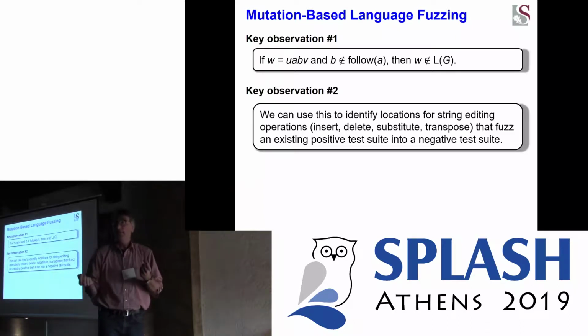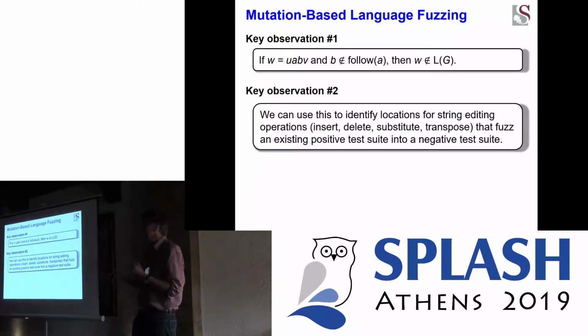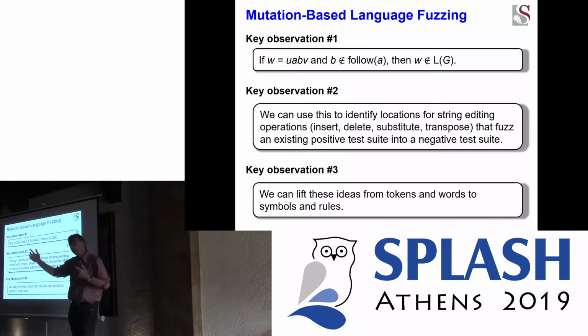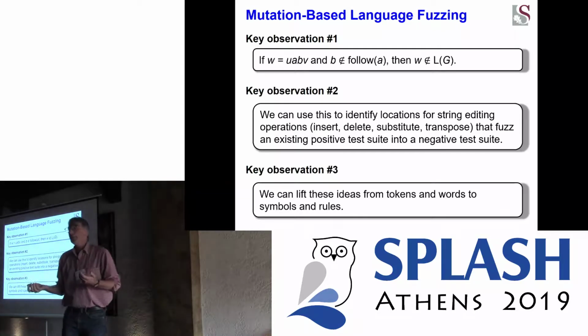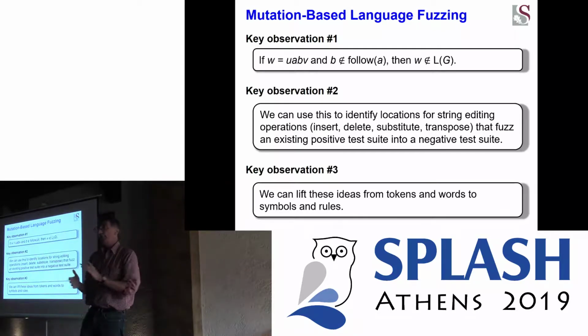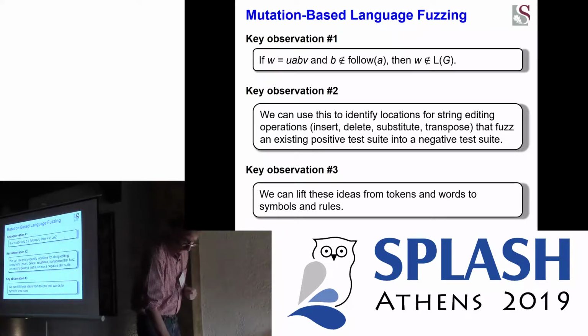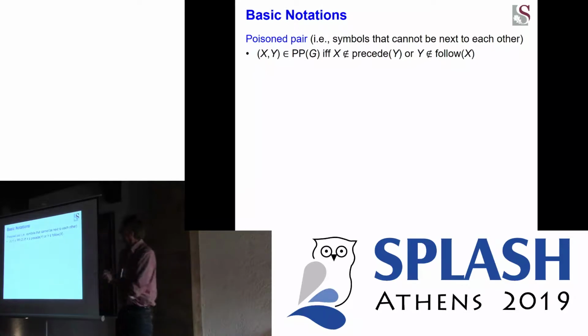Every fuzzed word has a syntax error. And the third idea is that we can do this not only at the level of characters, starting with a positive test suite, we can do this directly at the level of the grammar rules and then generate negative test cases directly. Right, so let's look at the first simple basic notation.